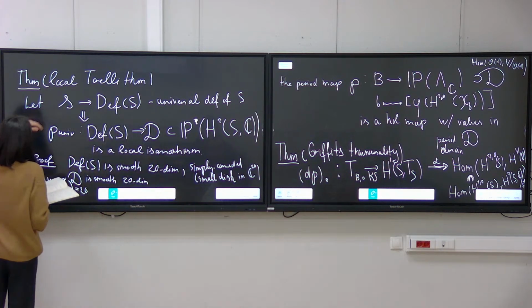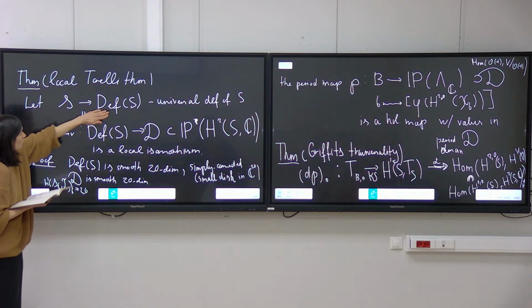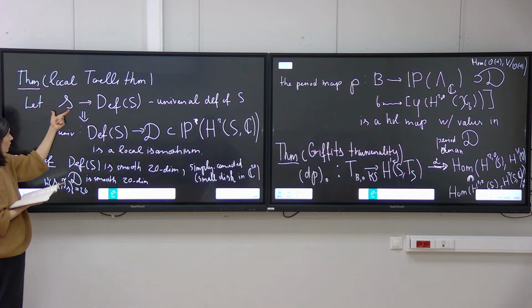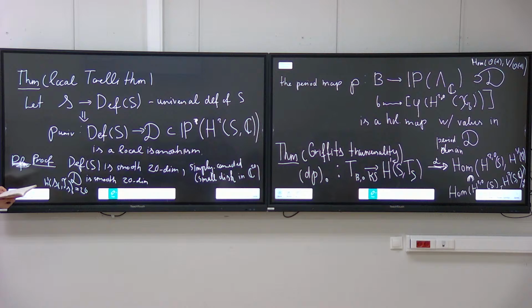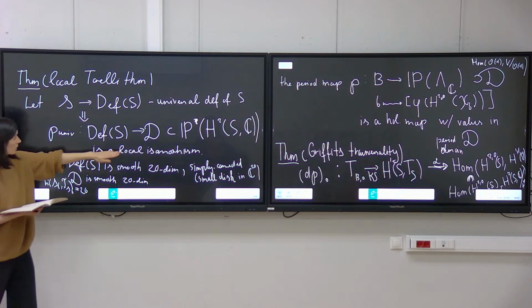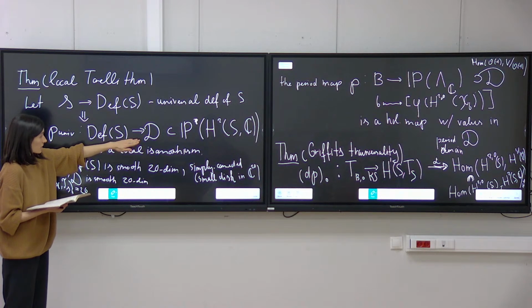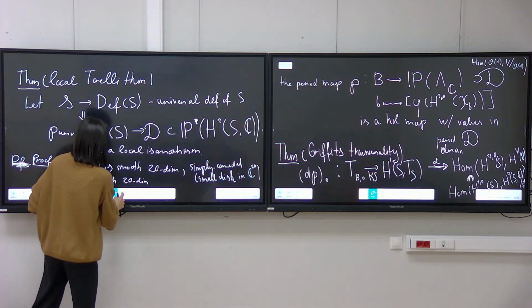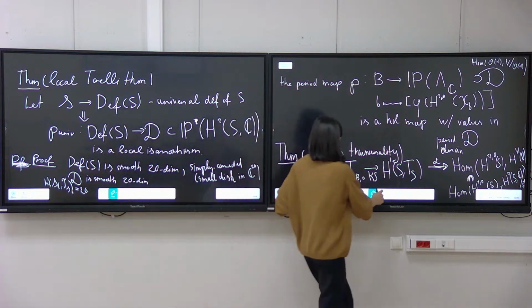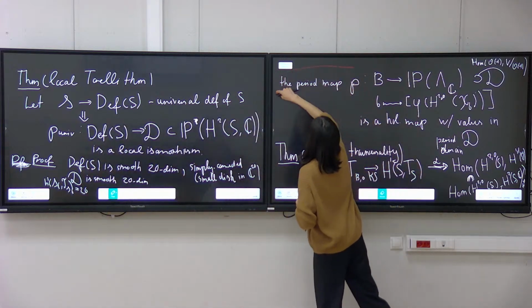So we obtain that this is a universal deformation for all fibers of S. Okay, in fact, to prove that this is a local isomorphism, it's enough to prove that its differential at the distinguished point is bijective.